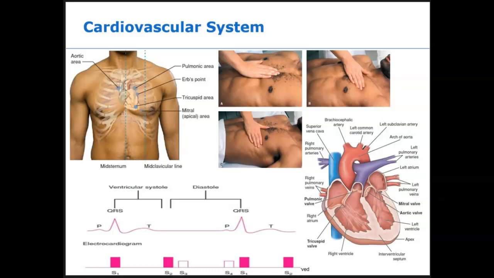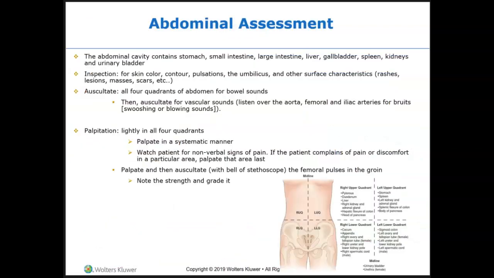Bottom left figure represents where to palpate the carotid artery, medial to the sternomastoid muscle in the neck between the jaw and the clavicle. Bottom middle figure represents the heart sounds in relation to the cardiac cycle and in an electrocardiogram. And bottom right figure is the view of the interior of the heart, showing the atrioventricular and semilunar valves responsible for heart sounds. This assessment, again, go along and follow in your book.